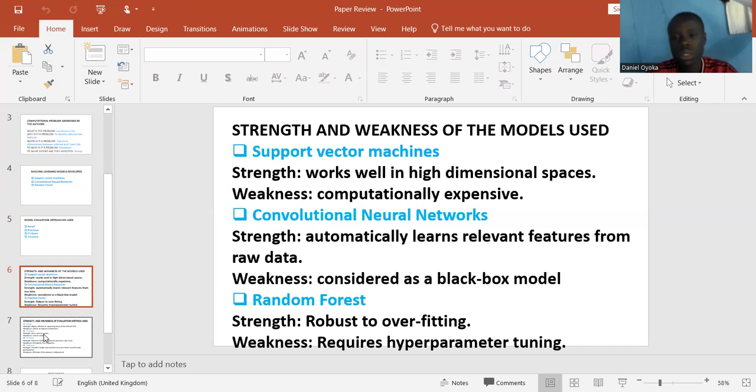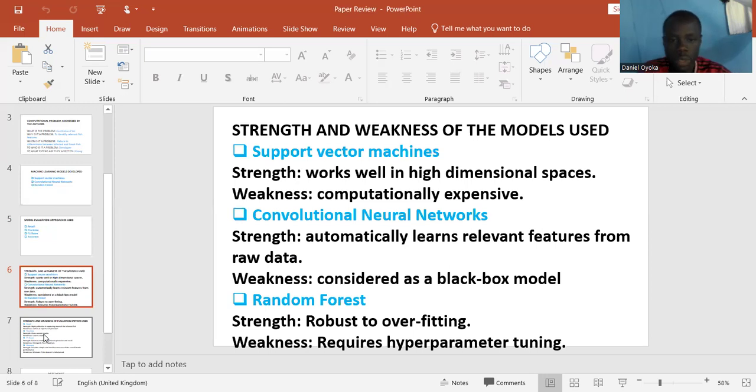On the strengths and weaknesses of the modules used: for support vector machines, the strength is that it works well in high dimensional spaces, which makes it effective for tasks like image classification.